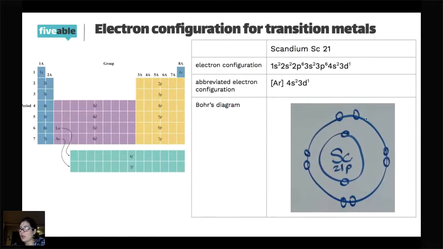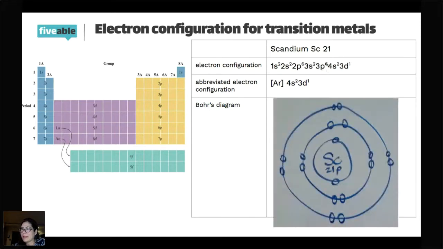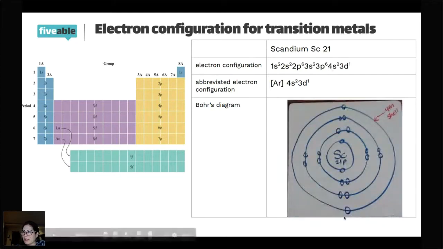Then if we do Bohr's diagram in the order of the electron configuration, then we will open a third shell with also 8 valence electrons. And here is the difference in transition elements. We have to open a fourth shell with 2 electrons.